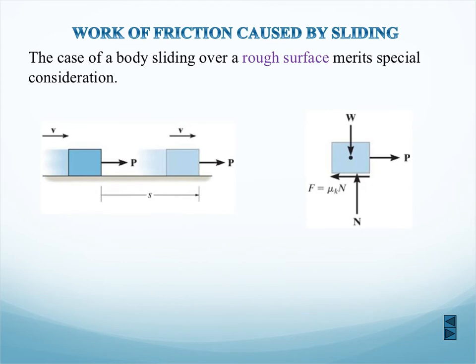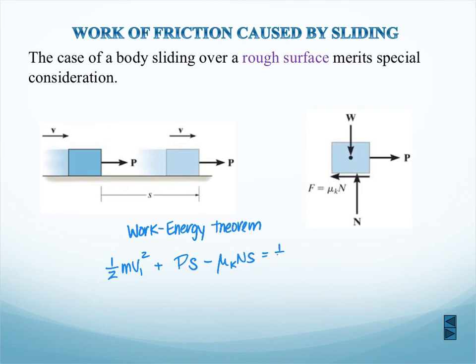Now, if we want to use the work-energy theorem, we would probably say we start off with some initial kinetic energy, and then we add the work done by the applied force, and then we have the frictional force, presumably doing some work, and that equals 1/2 m v2 squared.